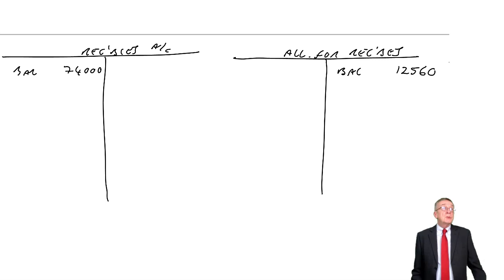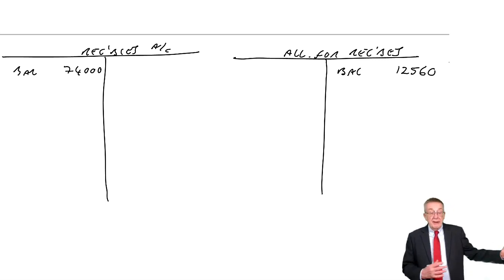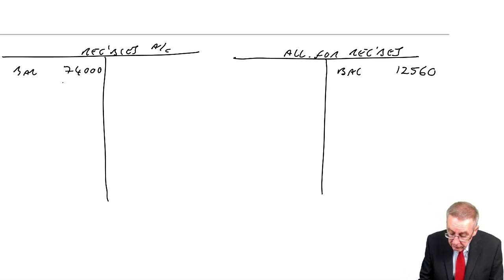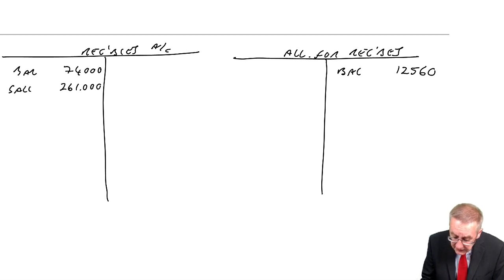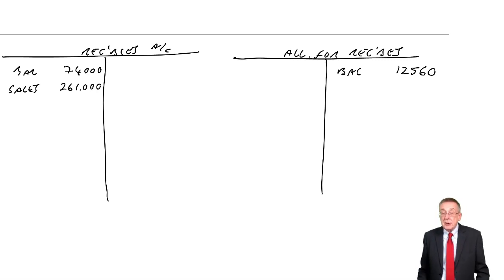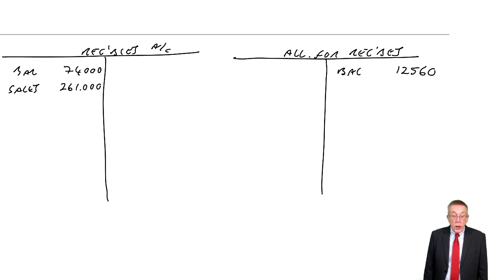So what would the bookkeeper do? Right back to one of the very first chapters. We make sales on credit, so the double entry is debit receivables, credit sales. I'm not going to show a sales account, I want to stick to these 3. But always when we sell on credit, debit receivables.